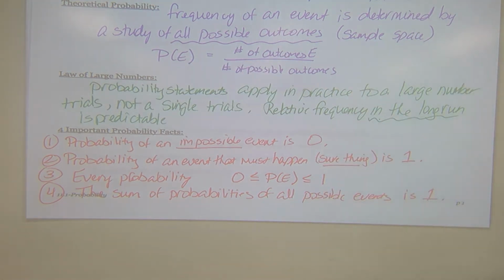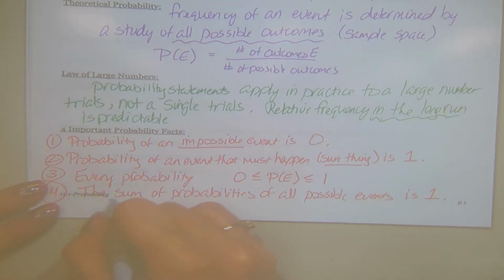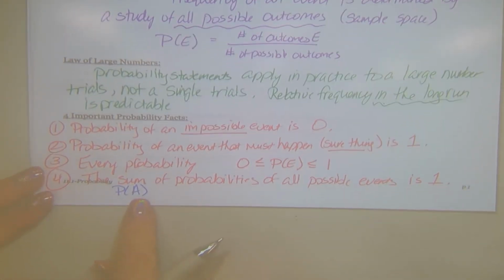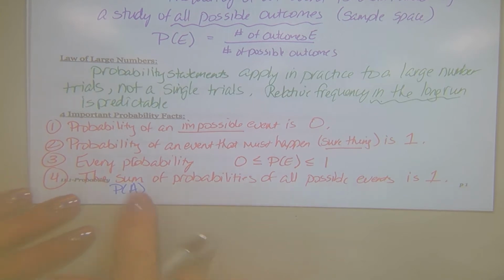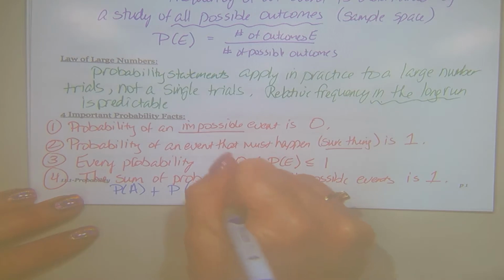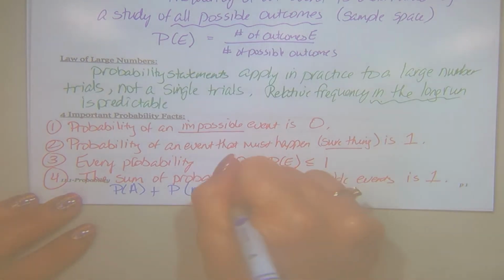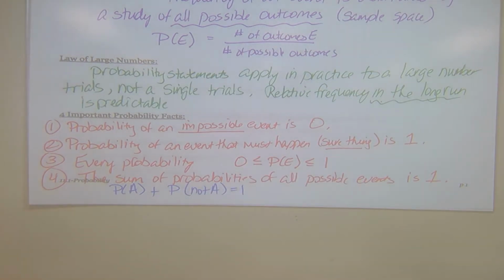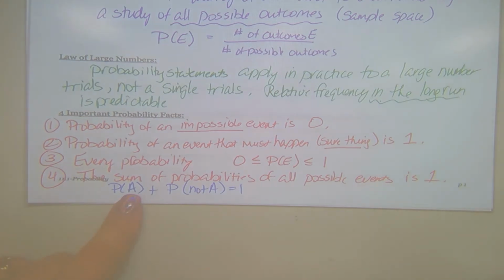Now there's one thing that comes out of that. If I say the probability of something happening, we're going to say A, and I add that to the probability of everything that's not A, that's the whole thing. So if A is rolling a 1, and this is not A, so this is rolling something not 1, if I add those two probabilities together, that counts everything.